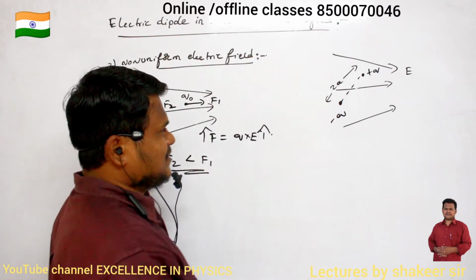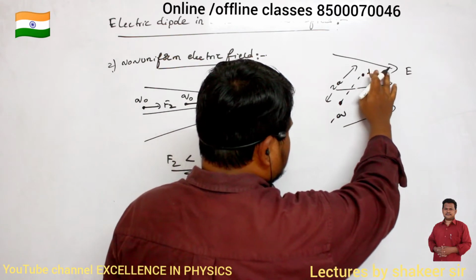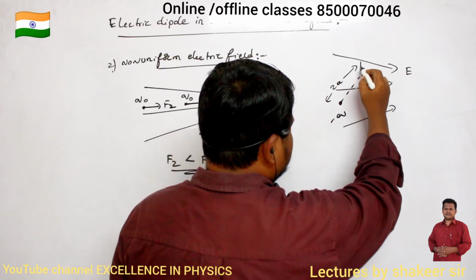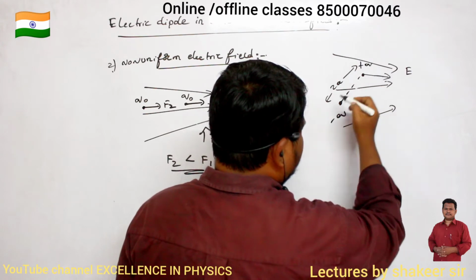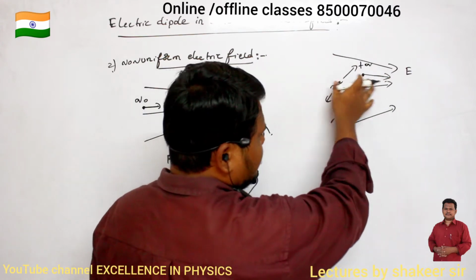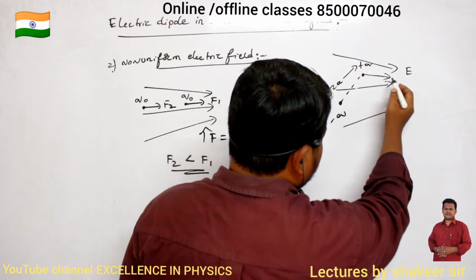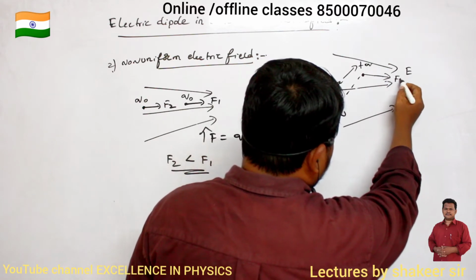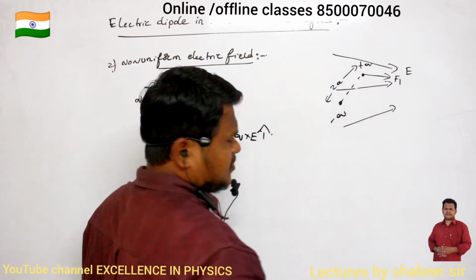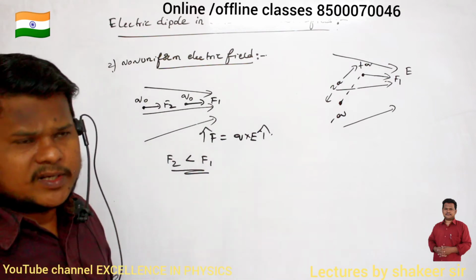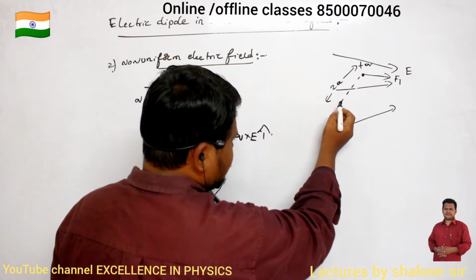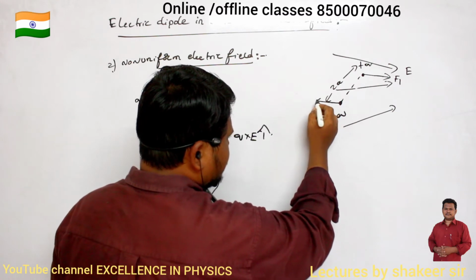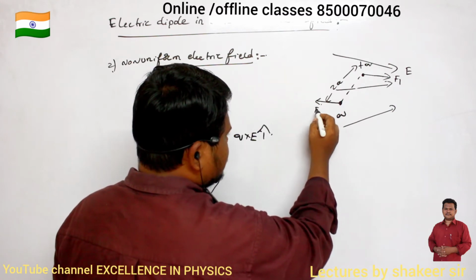The positive charge will experience a force in the direction of the net electric field, so this will be the force experienced by the positive charge. The negative charge will experience a force in the opposite direction. So this is F2.